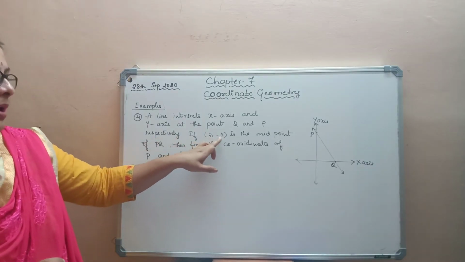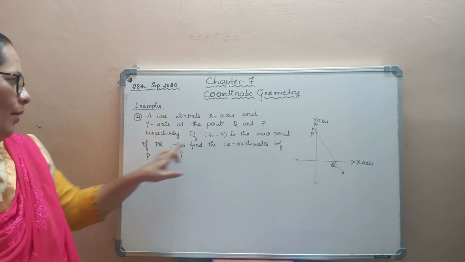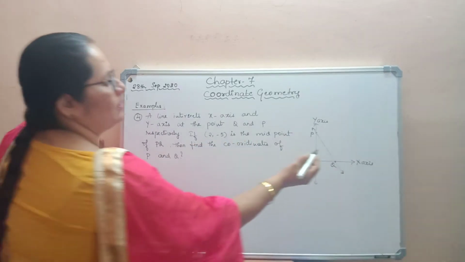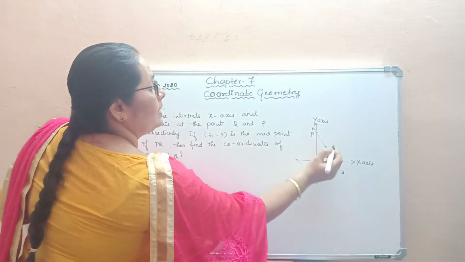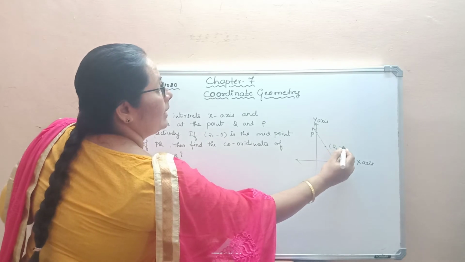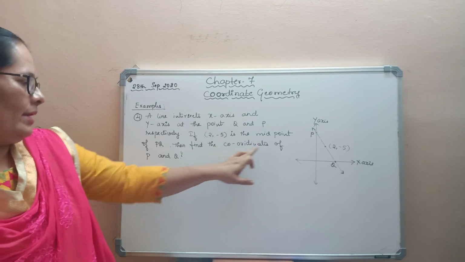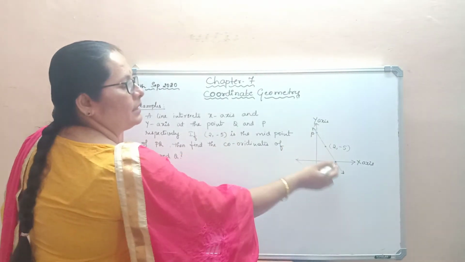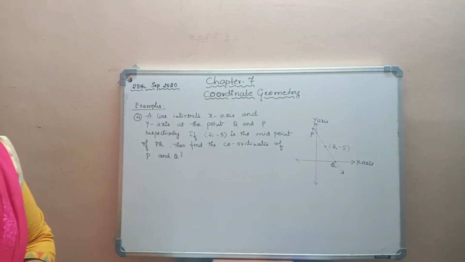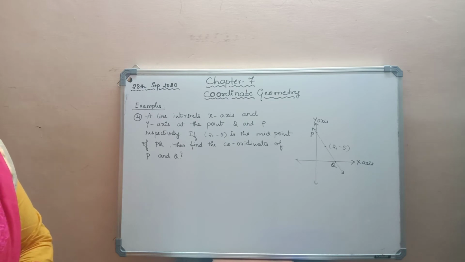If (2, -5) is the midpoint of PQ, then find the coordinates of P and Q.